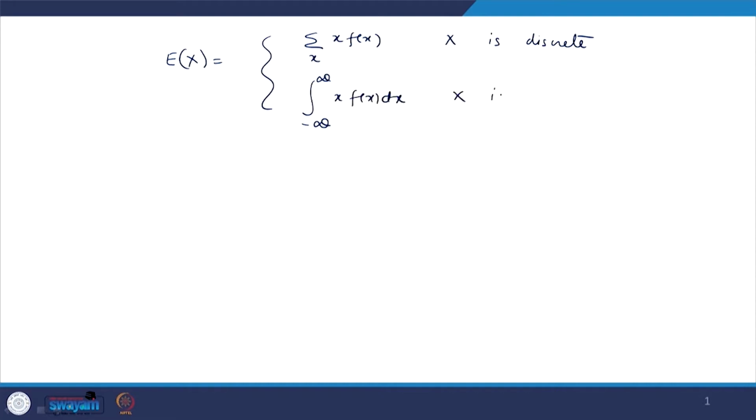So, in the last lecture we have seen that if a random variable is given to you, its PMF or PDF is given to you, how can you find the expectation or variance of that X. We have seen that the expectation of X is nothing but the summation of x f(x) when X is discrete, and it is the integral from minus infinity to plus infinity of x f(x) dx when X is continuous.